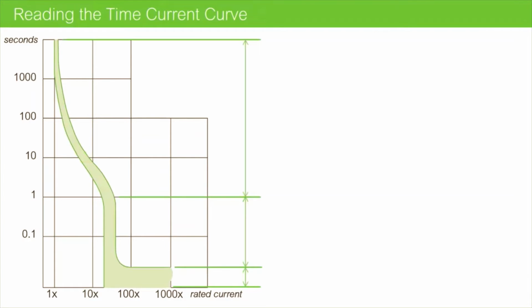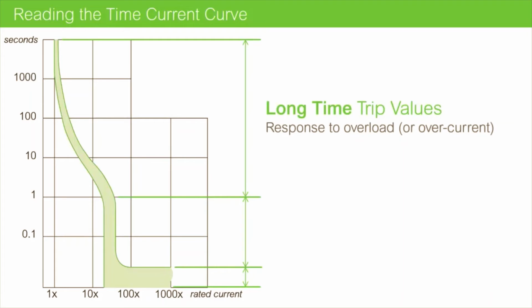The time current curve is made up of 3 distinct ranges. These ranges identify the tripping responses to overload faults and short circuit faults. First, the long time trip values. This range represents the thermal trip response due to an overload or overcurrent condition.